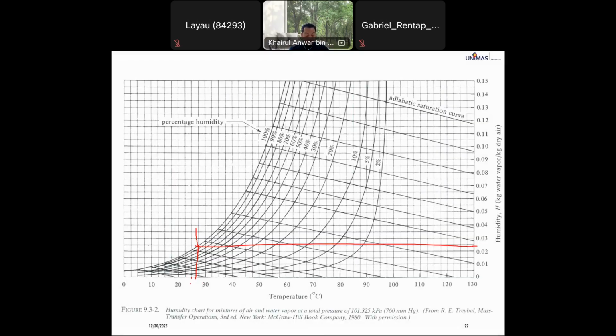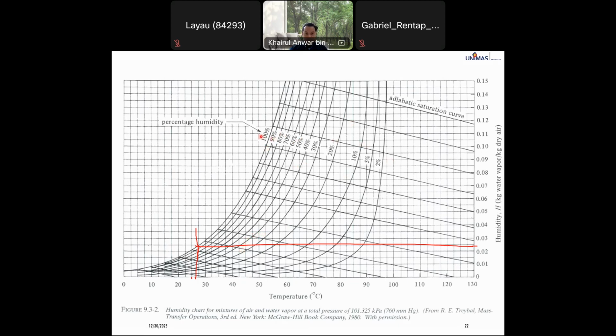Any point below the saturation line represents unsaturated air water vapor. So this last line, the 100% line, is the saturation line, and any line below it represents an unsaturated air water vapor mixture. The curved lines below the 100% saturation line, running upward to the right, represent unsaturated mixtures of definite percentage humidity HP.